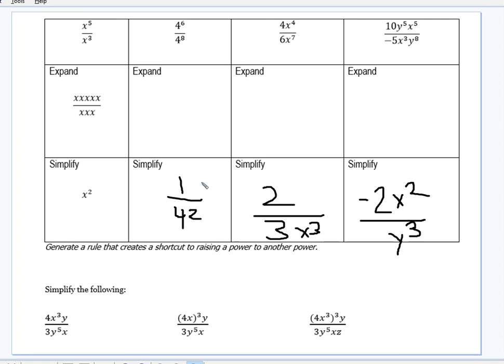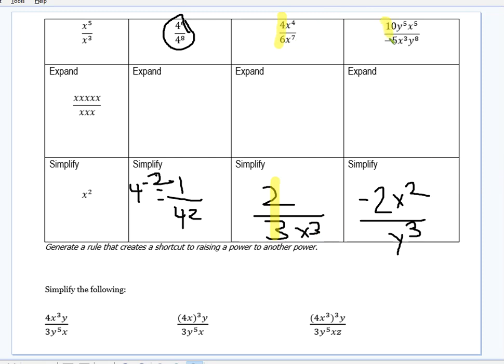Okay, so looking at this, these all are simplifying to fractions. Remember that 1 over 4 to the 2nd power is 4 to the negative 2. And this one, we can actually simplify this fraction here too. So we can simplify the 4 6 to 2/3, and then this here will simplify to x to the 3rd.